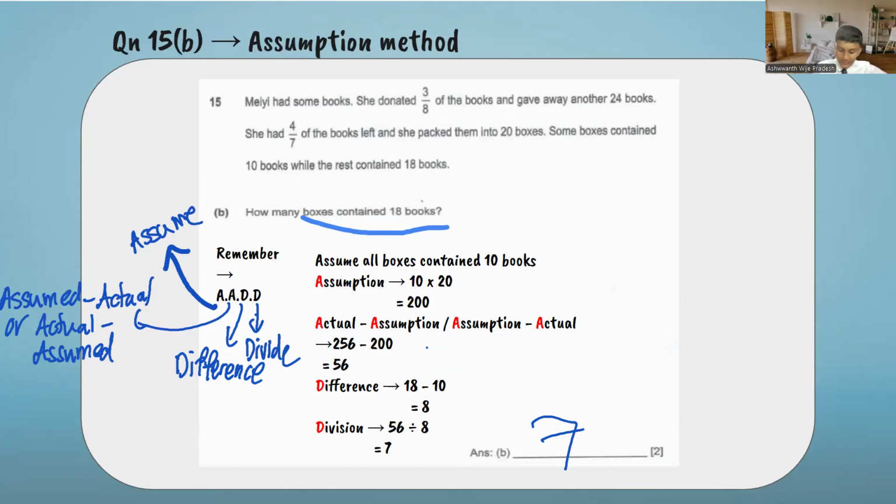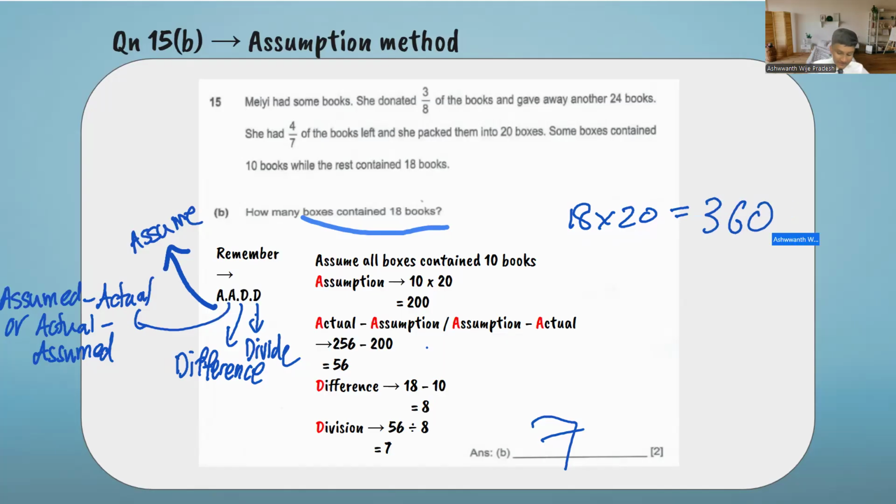So if I were to do it here real quick, it will be 18, assume all are 18. So 18 times 20, which is 360.